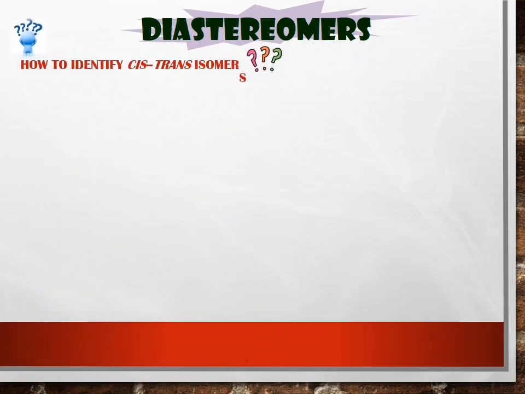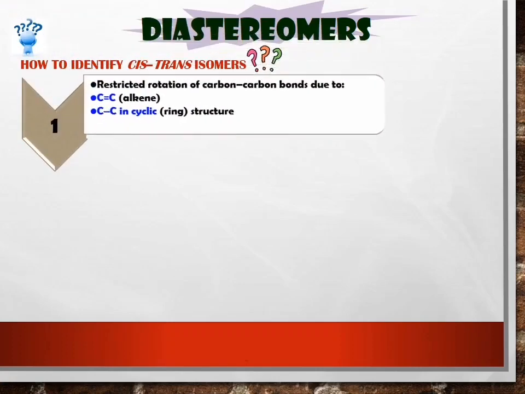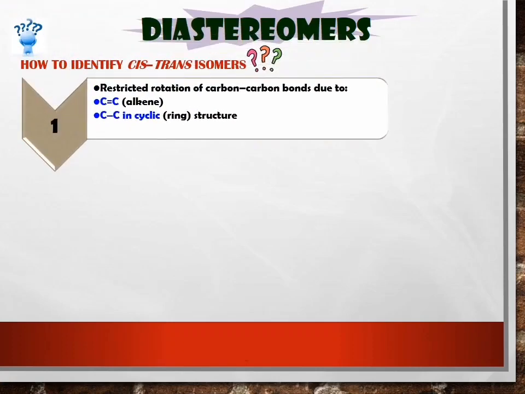How to identify a cis-trans isomer? A cis-trans isomer consists of two criteria. The first one is restricted rotation of carbon-carbon bonds, due to the carbon-carbon double bond in an alkene or the carbon-carbon single bond in a cyclic compound.